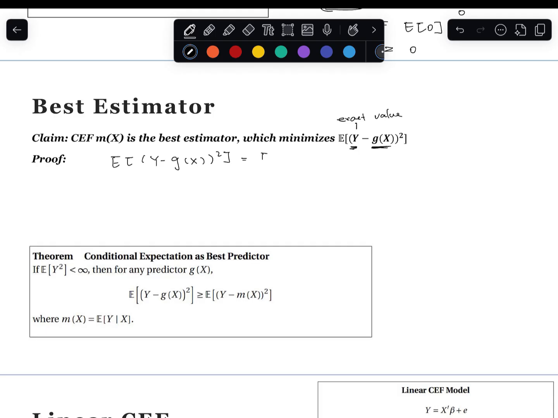So first of all, let's use m(x) plus the error to substitute y here. And then let's separate it and expand it. So we will have first the squared error term, and we can factor out 2 here. So we use this one as the first part and this one as the second part.